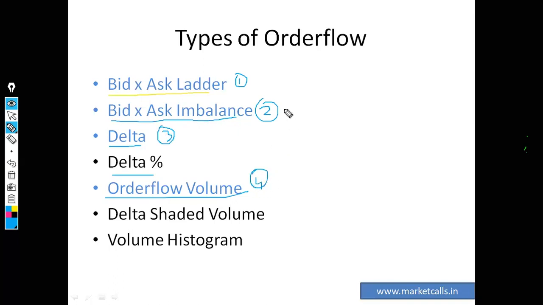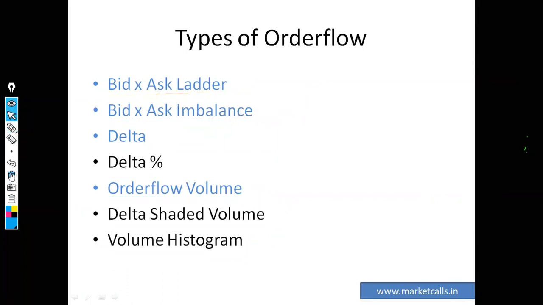Most of my time, if you're seeing my screen, I'll be using bid ask imbalance. Depending upon your requirement, you can use order flow volume, volume histogram, or volume delta shaded volume. Maybe some other traders might be using those, but I cannot use everything. I generally prefer bid ask imbalance, and there are precise strategies we had on bid and ask imbalance as well.